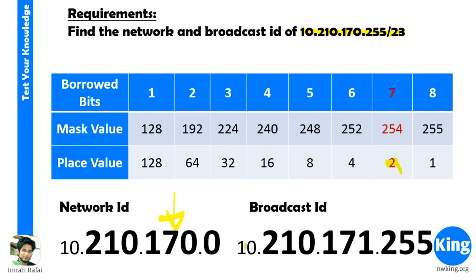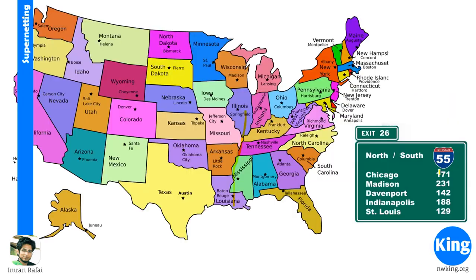You could start from 10.0.0.0. I was just trying to show you a shortcut. I hope there's no confusion. I hope you understood everything that we learned till now. If you have any doubts, pause this video or maybe just watch this video again, because the concept is very, very simple.